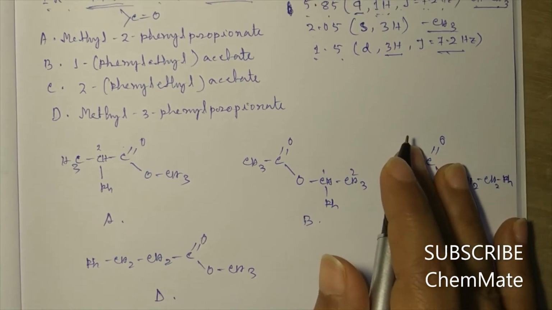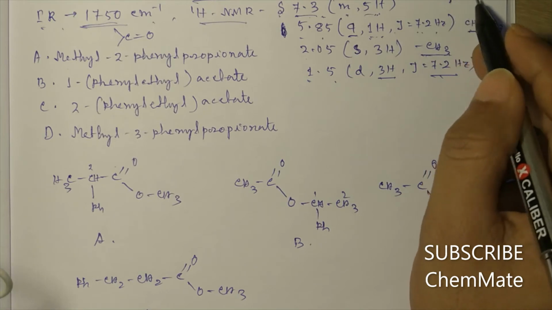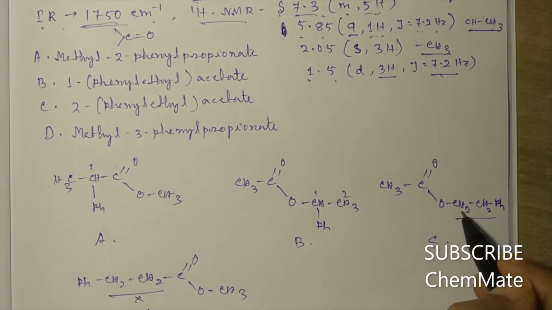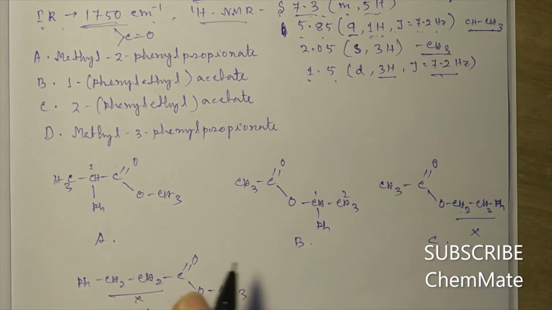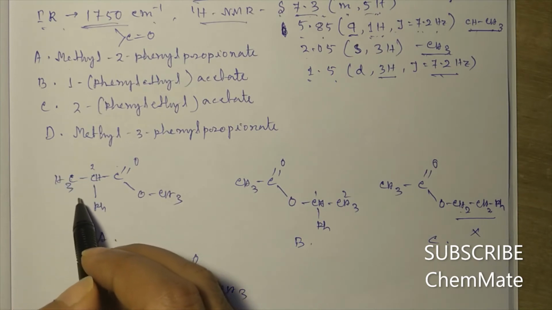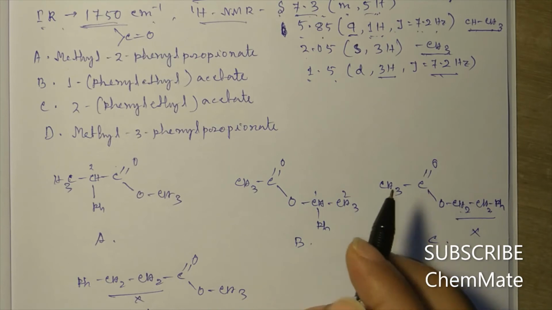As we see here, the groups will be CH, CH3, CH3 and phenyl. Now in D, a CH2, CH2 group is there, so this will not happen. As well as in C, CH2, CH2 is there, so this will not happen. Now between these two, here a CH, CH3 group is there, and here also a CH, CH3 group is there, phenyl and CH3.